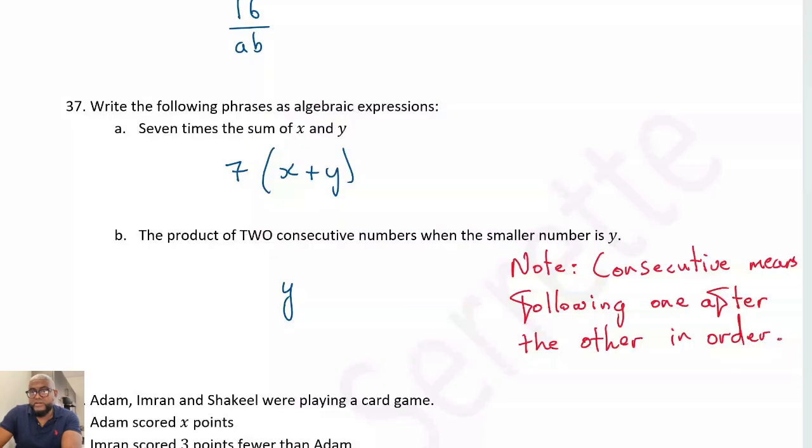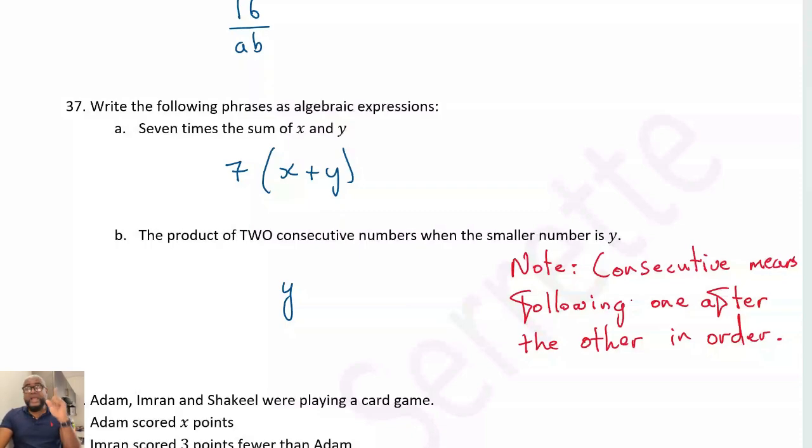So if I'm talking about 2 consecutive numbers and the first number is 10, what number follows that 10? 11, right? If I tell you 19, what number follows 19? If I tell you 107, what number follows 107?